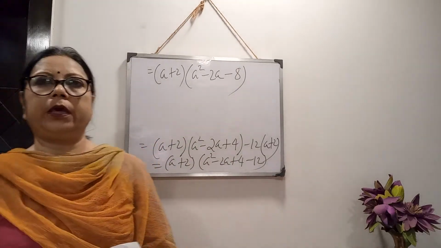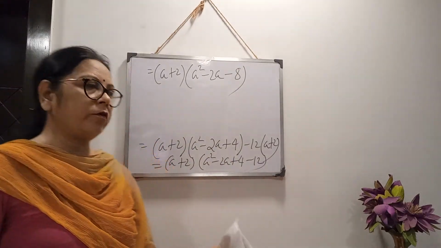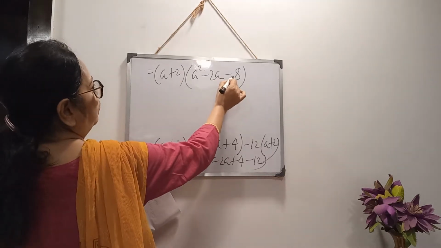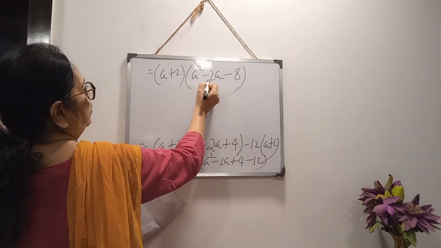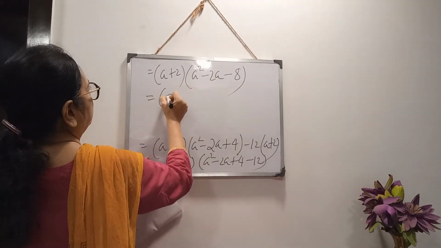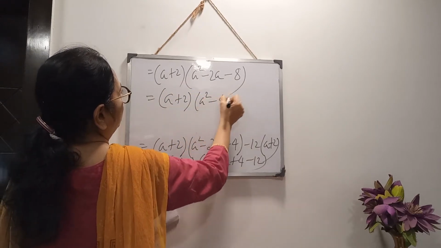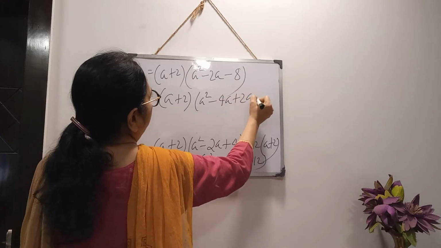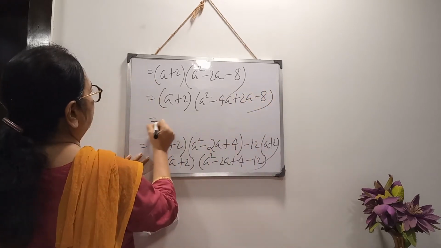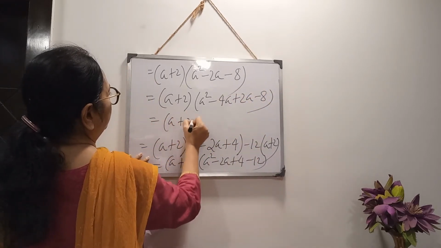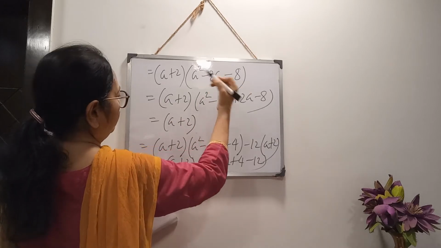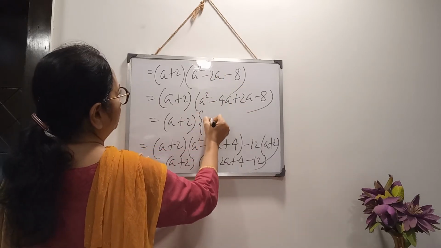Again you have to check whether middle term is possible or not. For 8, 4 2s are 8, 4 and minus 2, this 2 will come, yes, possible. So a square minus 4a plus 2a minus 8. In all the sums you will check whether a further middle term is possible or not.